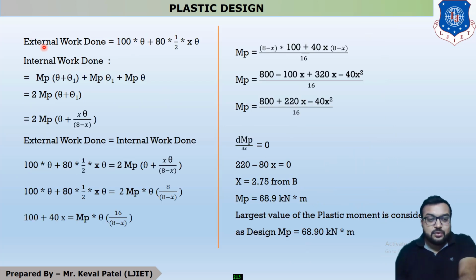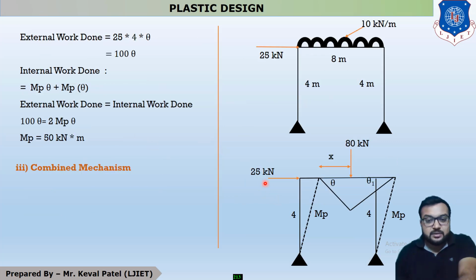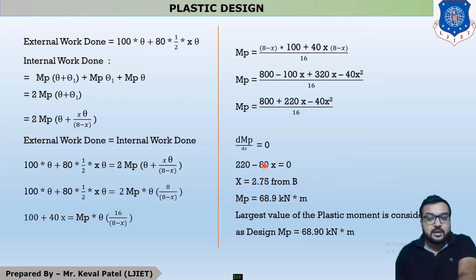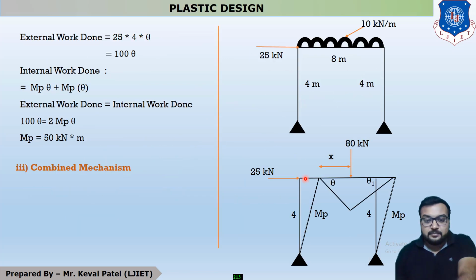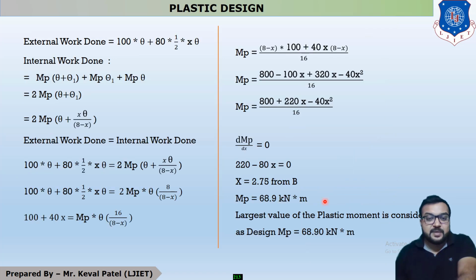So you all know that your external work done is 25 into 4 theta plus 80, but you have to consider your average deflection, so it is x by 2 into theta. So your external work done is 100 theta plus 80 into 1 by 2 into x theta.